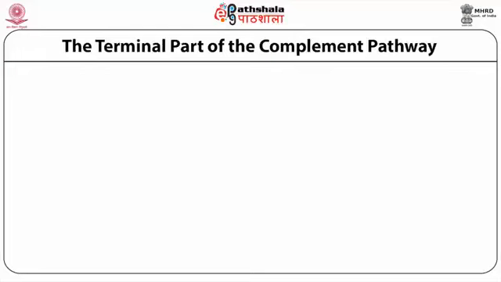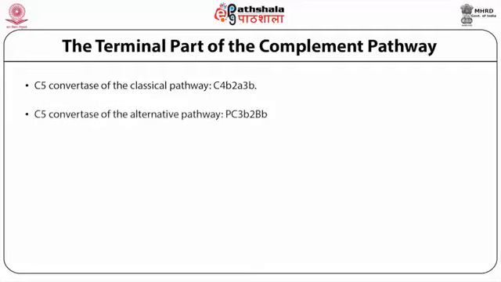C5 convertase is formed from either of the pathways by binding of the components. C5 convertase in the classical pathway is a complex of C4b, 2a and 3b. On the other hand, C5 convertase of the alternative pathway is PC3bBb.